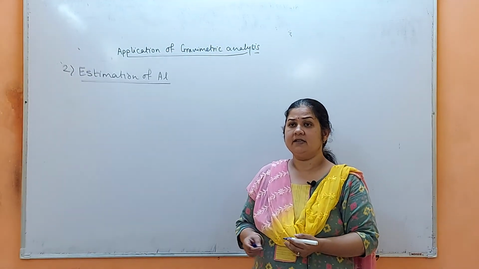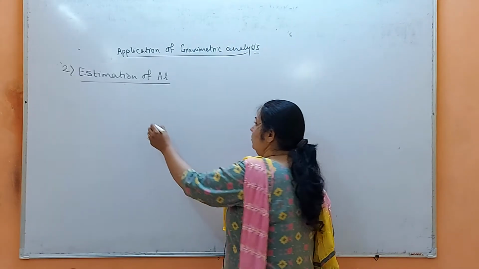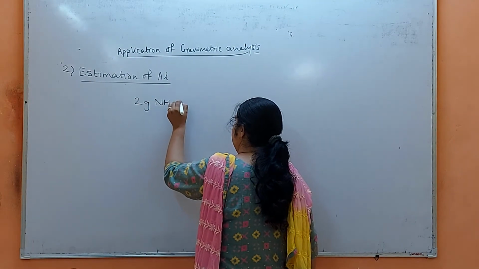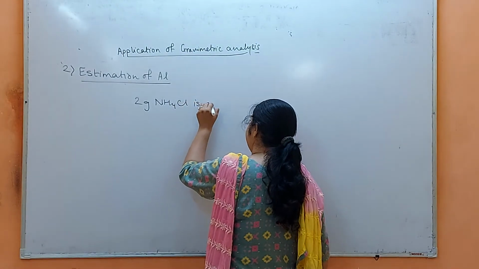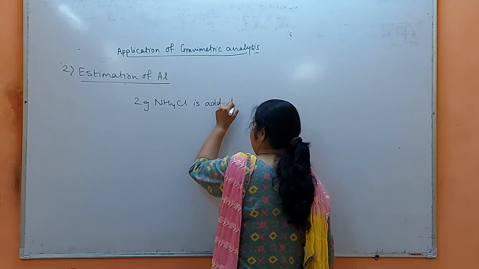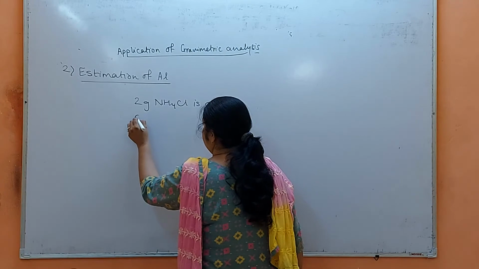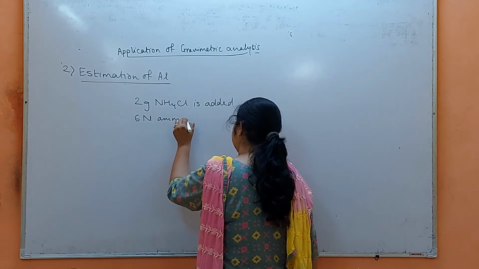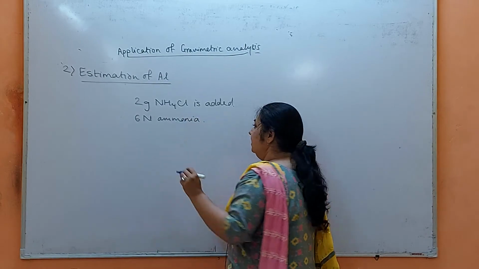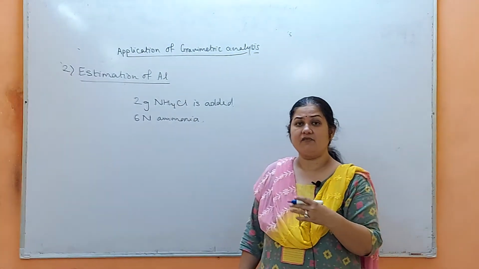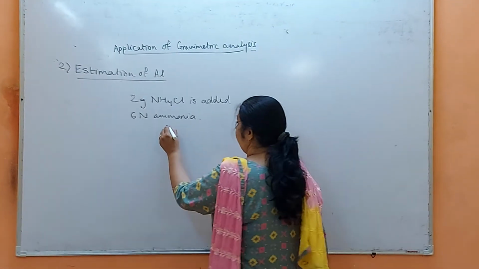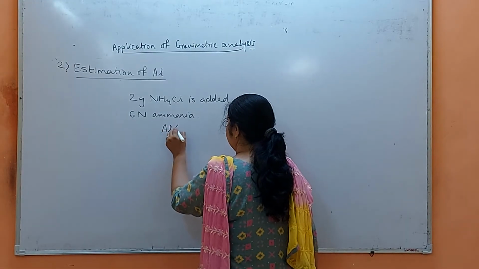After heating it, 2 grams of NH4Cl is added to it with constant stirring, and then with constant stirring 6 normal ammonia solution is added to it till the smell of ammonia persists, or we can say complete precipitation of Al(OH)3 is done.